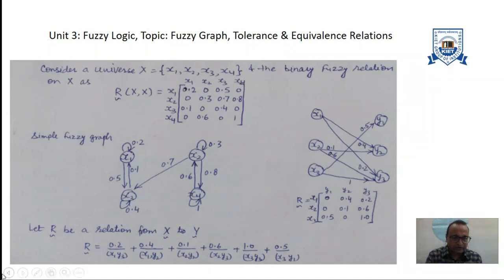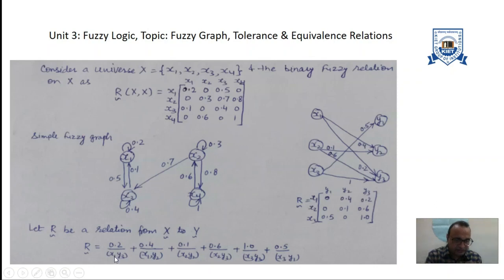Suppose we have two fuzzy sets, and over these two fuzzy sets we establish a relation, the fuzzy relation R, mentioned like this. It's basically a set, and here we see some ordered pairs and their membership values mentioned.